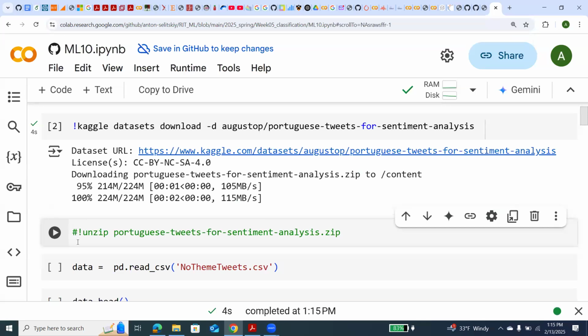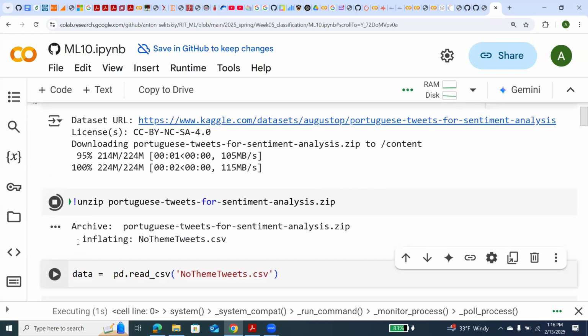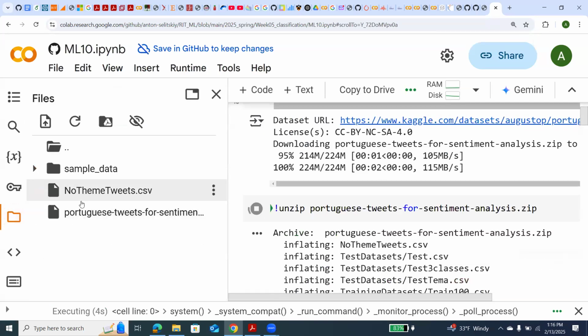And we need to unzip. And then you will see the data set here.